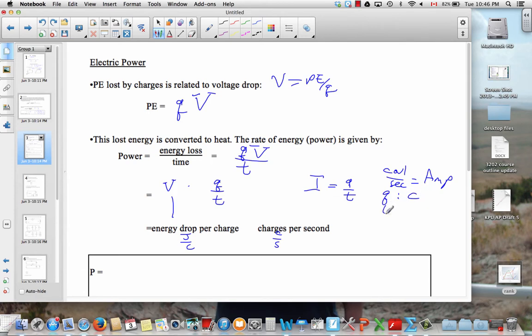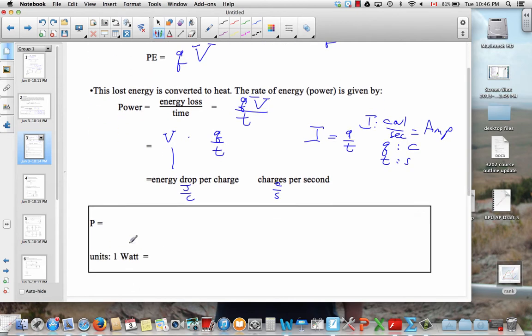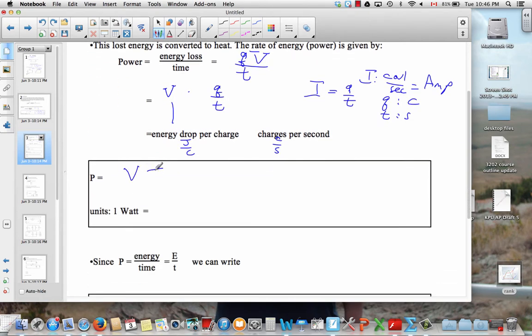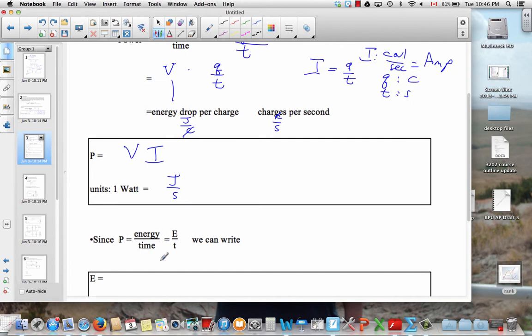Q is in coulombs and time is in seconds. So what we find then is that electrical power is the product of voltage and current. And the units are watts, and a watt, of course, is a joule per second. And you can see that this equation is dimensionally correct, because if you multiply joules per coulomb by coulomb per second, the coulombs cancel, and indeed you get watts.